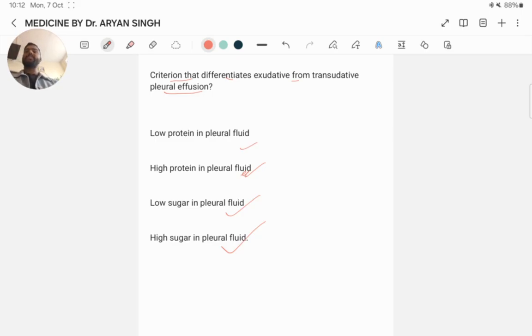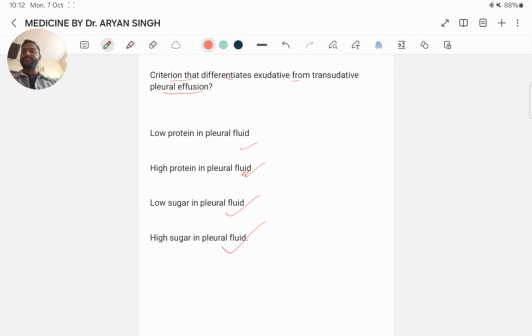Exudative pleural effusion occurs due to inflammation or infection, for example bacterial pneumonia or malignancy. High protein in the pleural fluid indicates an exudative type of pleural effusion.